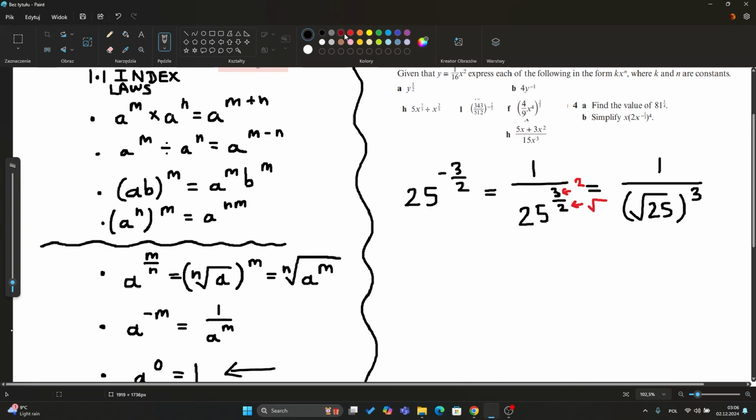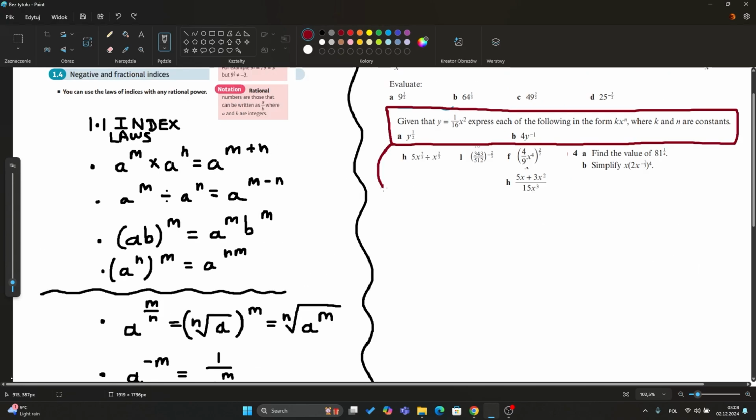And we square root it because the denominator is 2 and the numerator is 3, so we go into power 3. And this means that this is 1 over 5 to the power 3, which is 1 over 125.